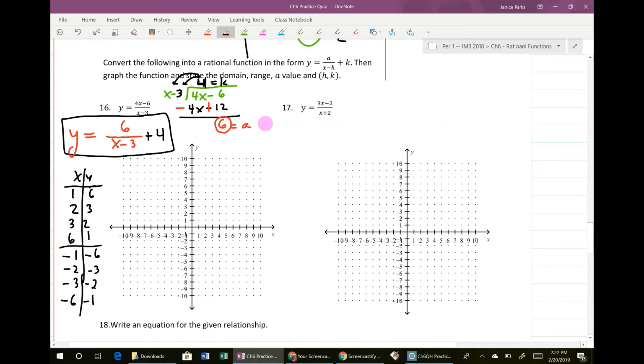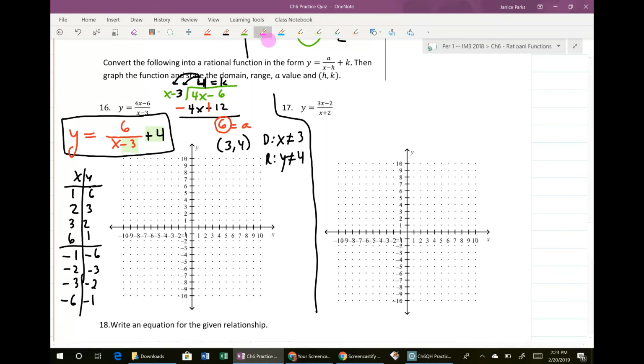The HK is going to be 3, 4 from these numbers. You always do the opposite of the H value. So the domain, x is not equal to 3. And the range, y is not equal to 4. So 3, 4.